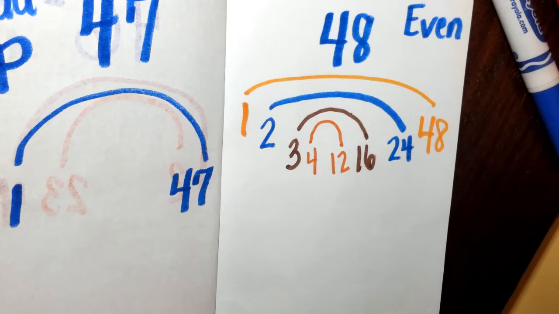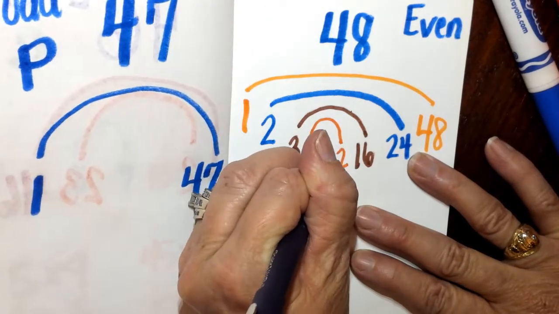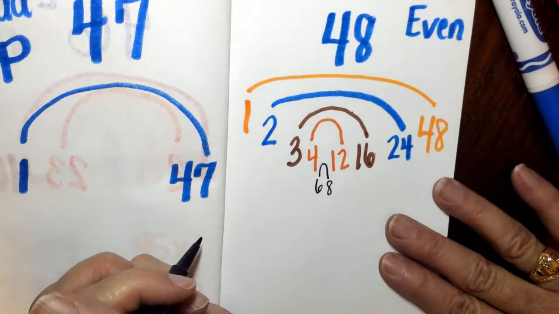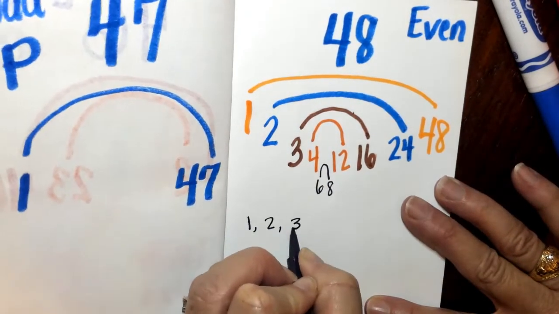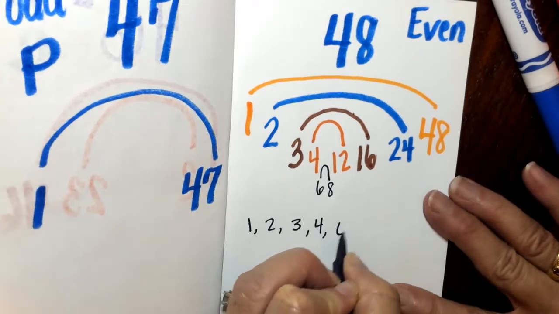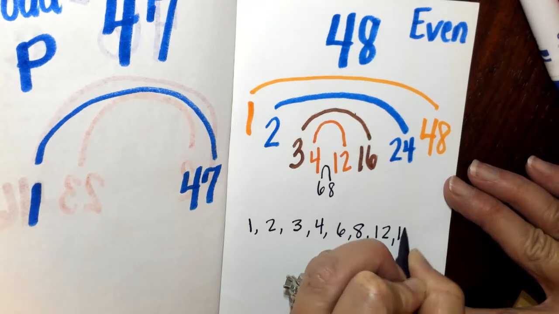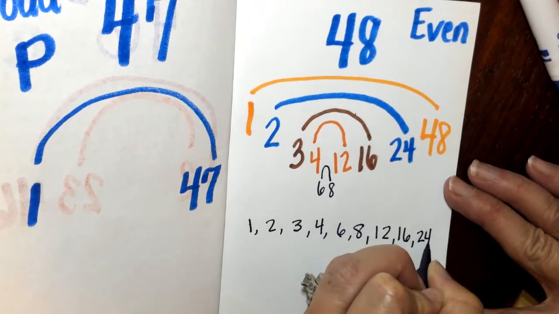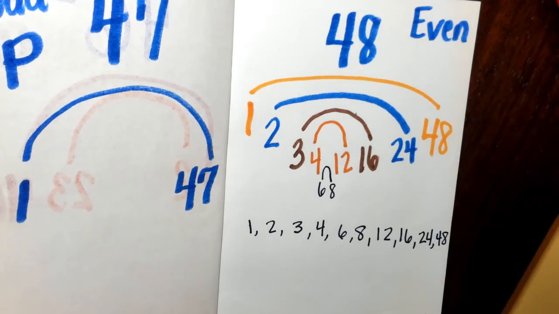And finally, we know that 6 and 8 will give us 48. So we have lots of factors here: 1, 2, 3, 4, 6, 8, 12, 16, 24, and 48. So that makes this number composite.